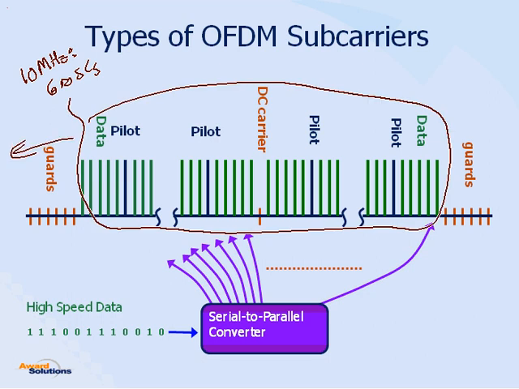The guard is outside the 600, so no need to worry about that. These 600 are so-called data subcarriers, but sometimes, depending on uplink, downlink, and some other factors, we use a data subcarrier as a pilot. So some data will become pilot or reference signal automatically based on the standard itself.